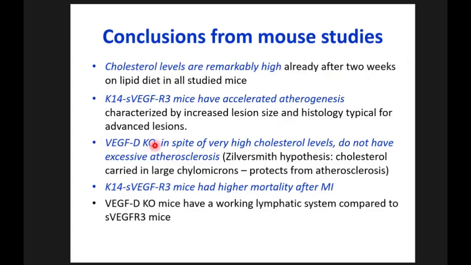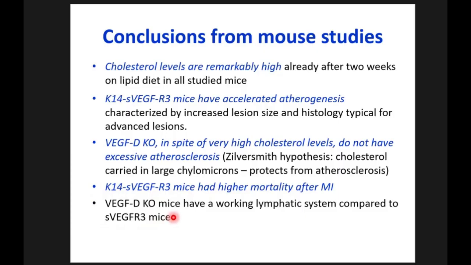But when you only take off VEGF-D, in spite of very high cholesterol levels, they do not have excessive atherosclerosis. And then these soluble decoy mice also had a higher mortality after MI and a little bit higher scars.